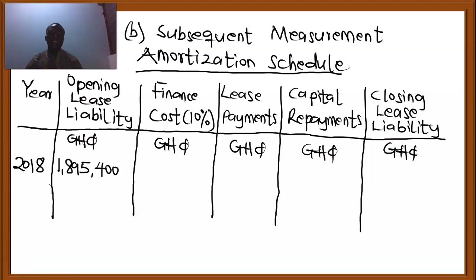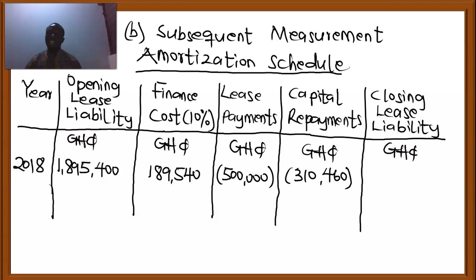If we multiply 1,895,400 by 10%, we get 189,540. Then we subtract our lease payment. The lease payments are 500,000 per annum. Then we net the finance cost from the lease payment, and that gives us a capital repayment of 310,460.